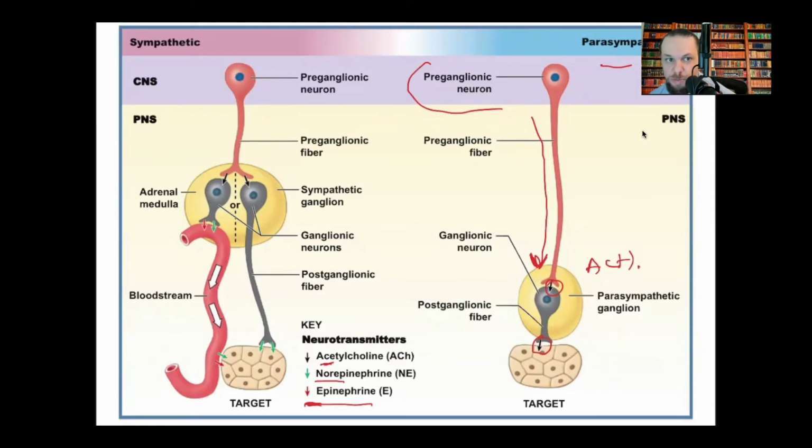However, on the sympathetic side, the preganglionic neuron carries acetylcholine, but the postganglionic releases norepinephrine, or it could be epinephrine depending on the target site, let's say the adrenal medulla.